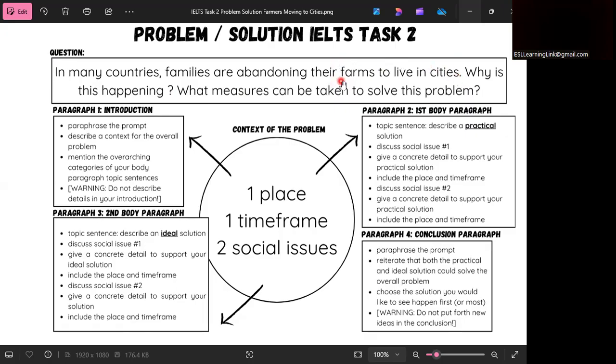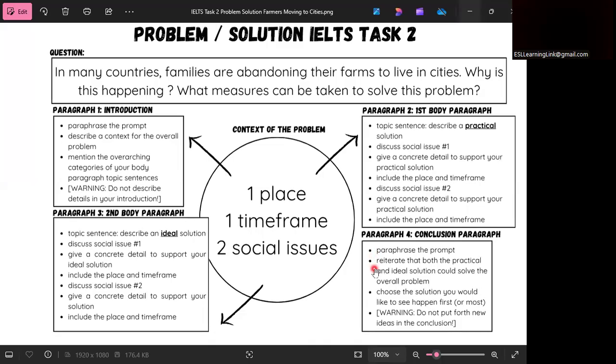Or you could say farmers are moving to cities. It could be very simple. Farmers are moving to cities. Farmers are becoming city dwellers. Right, so paraphrase the prompt.